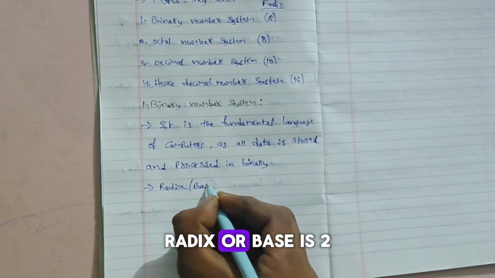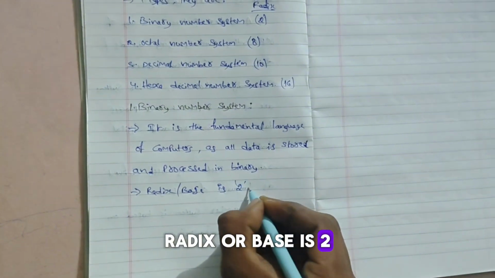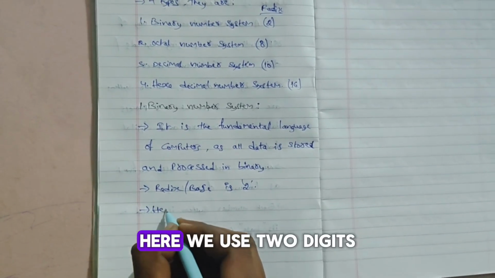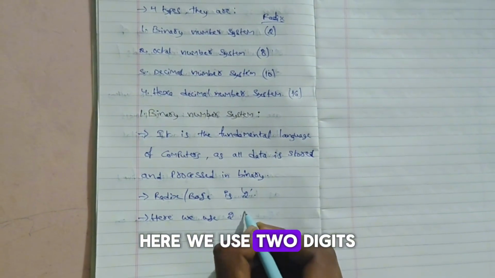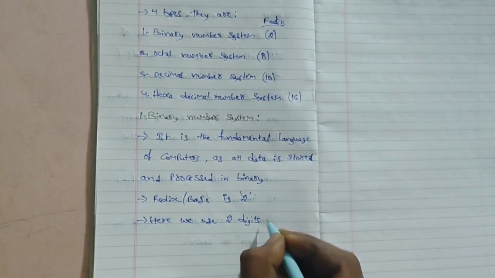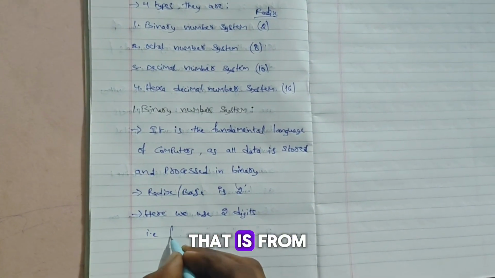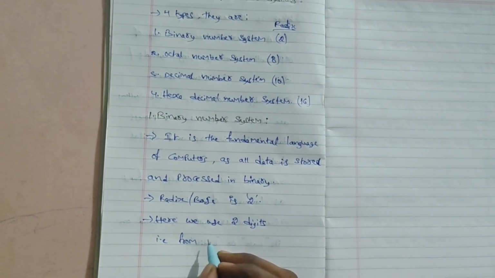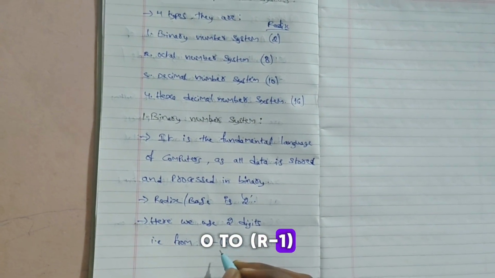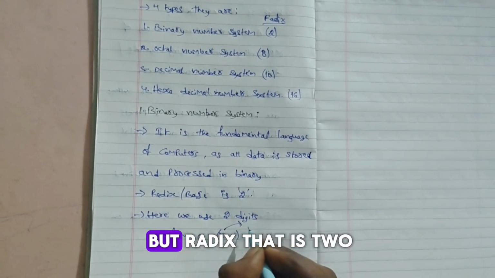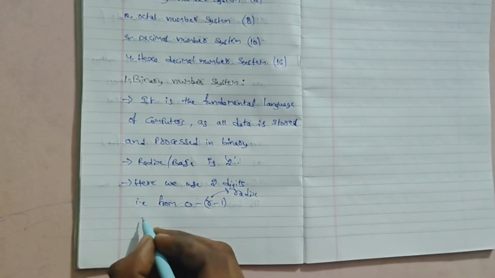Radix or base is 2. Here we use 2 digits, that is from 0 to r minus 1, where r is nothing but the radix, that is 2.